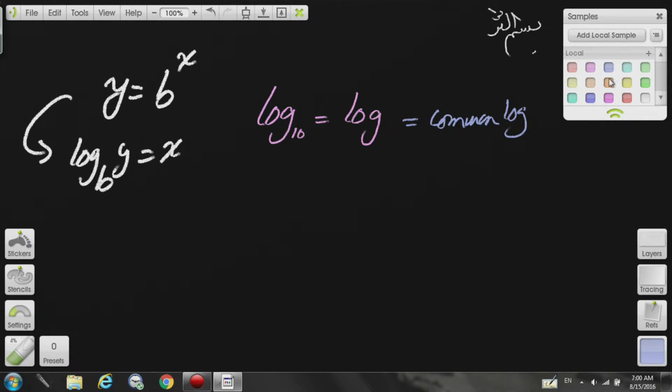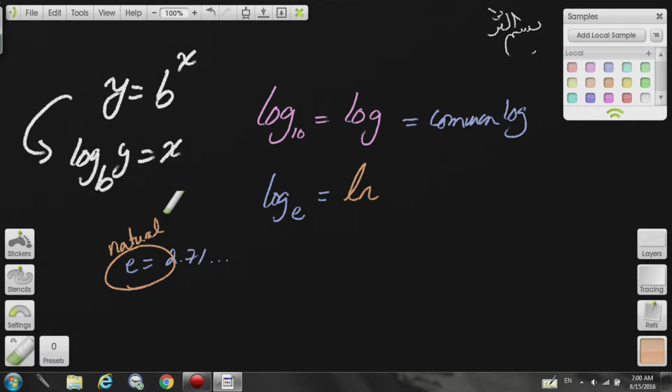There's another base that's very frequently used, and that's log base e, the number e that I had suggested, 2.71. This is also so common that we shorten it and call it the natural log, natural base e. Log base e is written as ln, which stands for natural log.